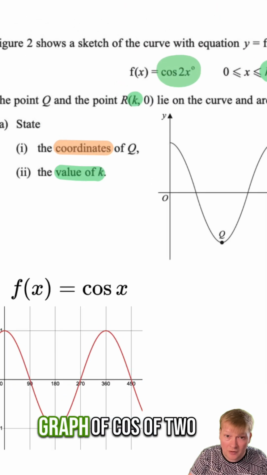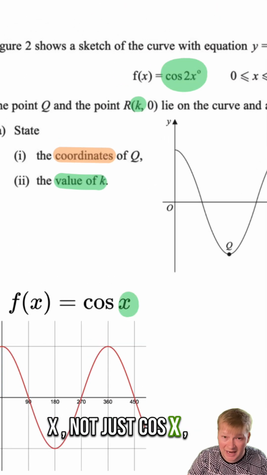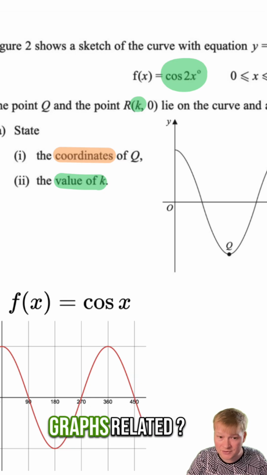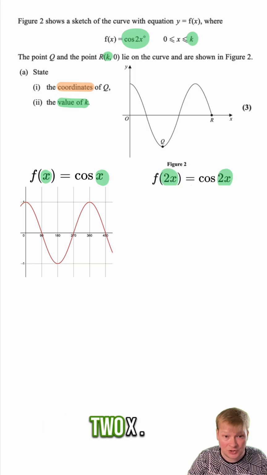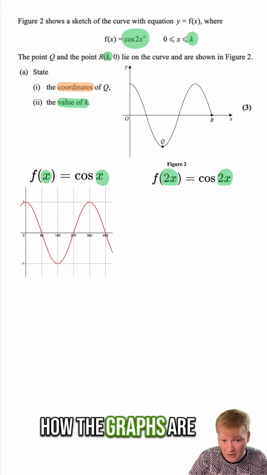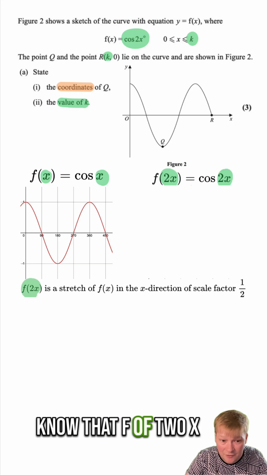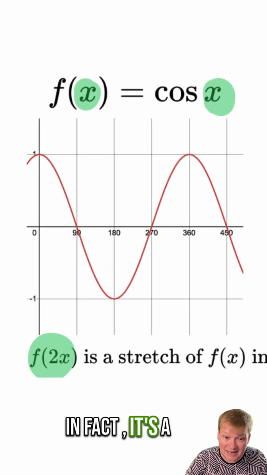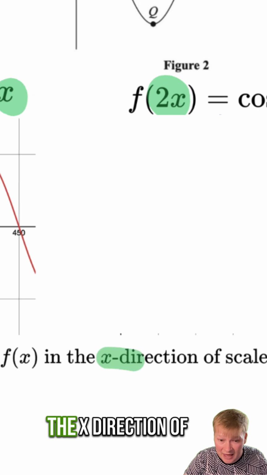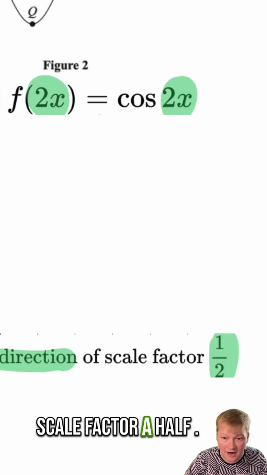But we've got the graph of cos of 2x, not just cos x. How are the two graphs related? Well, if we call f of x cos x, we could think of cos of 2x being f of 2x. How does that help us to make sense of how the graphs are related? Well, you should know that f of 2x is a graph transformation of f of x. In fact, it's a stretch of f of x in the x direction of scale factor 1/2.